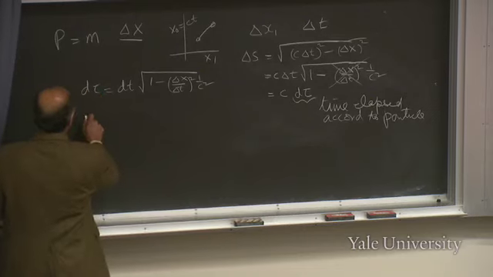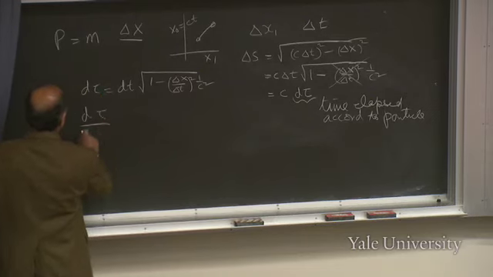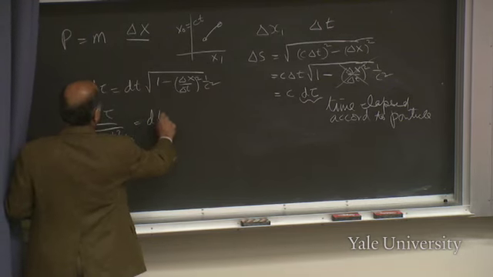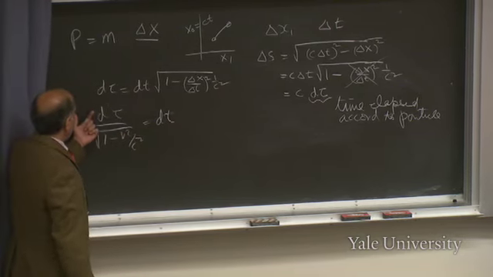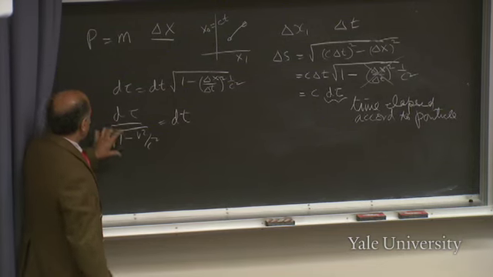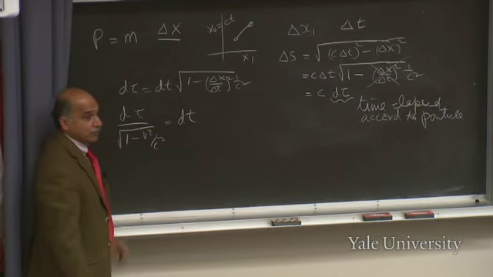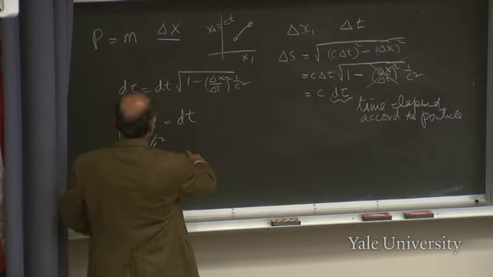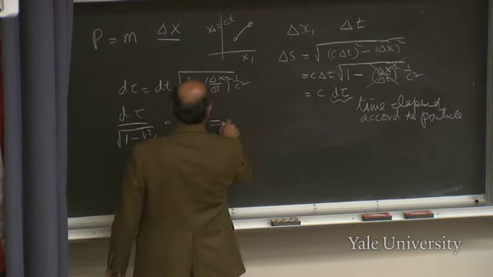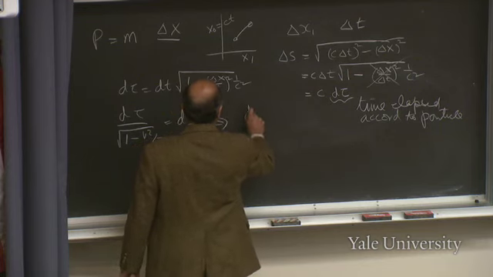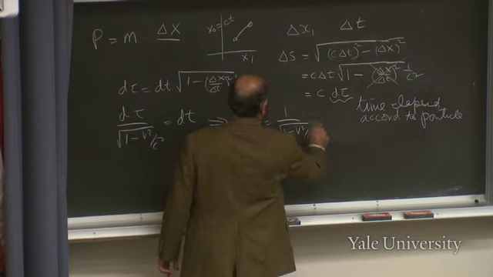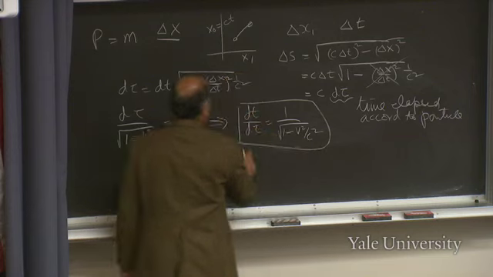This factor, by the way, is nothing but the usual time dilatation. Because if the particle says it took time d tau, because the clock is slower by exactly this amount, I will say it took longer by this amount. So let's rewrite this in a way that's going to be more helpful to us. Take the ratio and write dt over d tau as 1 over the square root of 1 minus v squared over c squared. I'm going to use that in a minute.